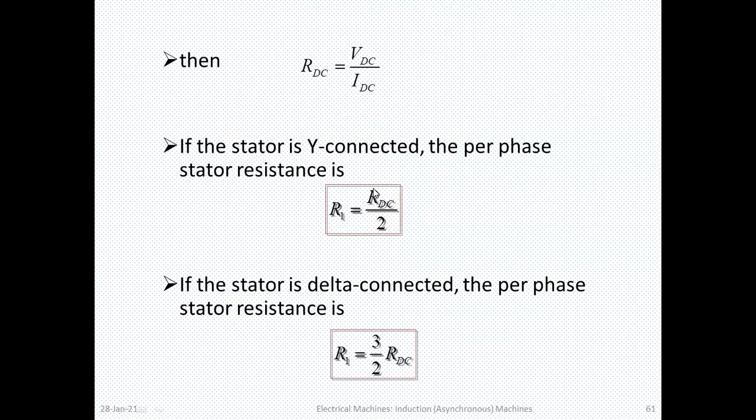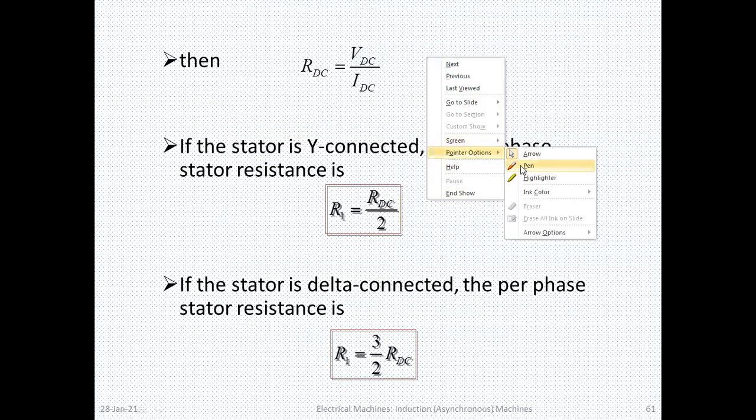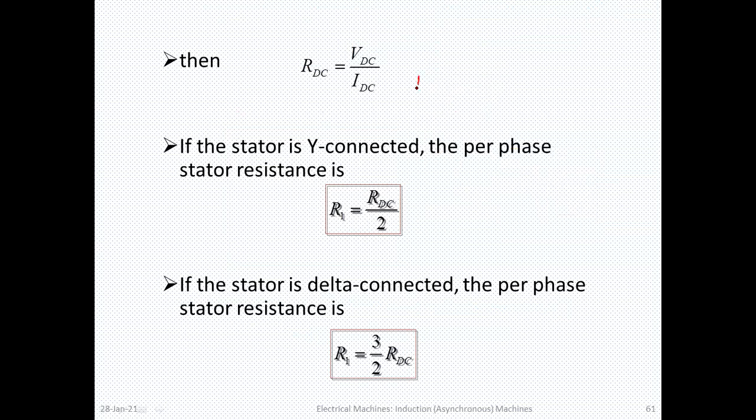So RDC equals 2R1, and R1 will be equal to RDC by 2.